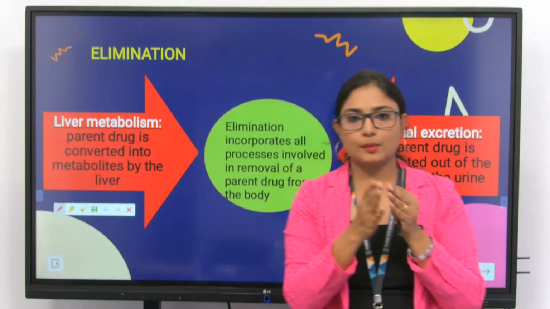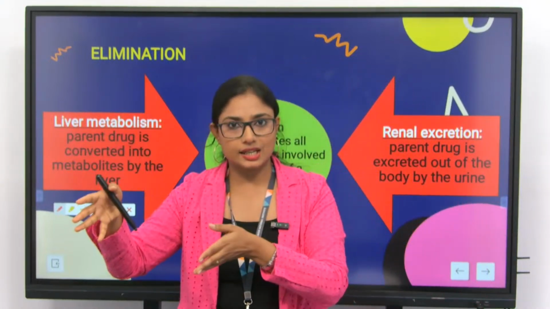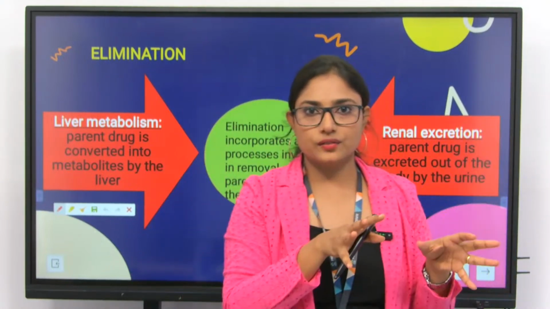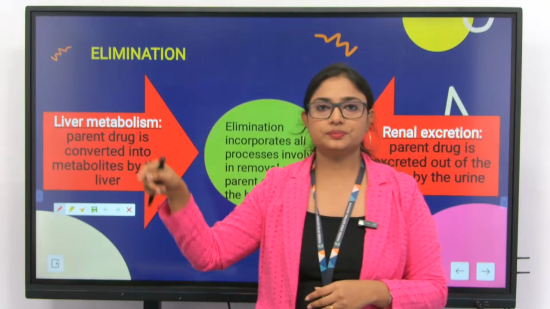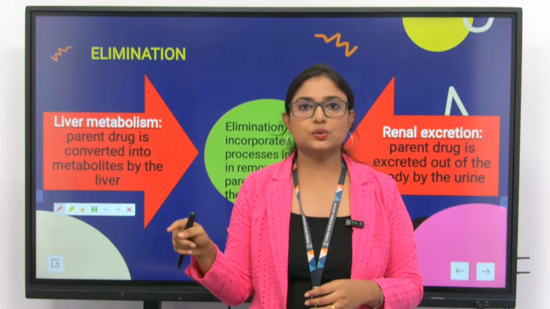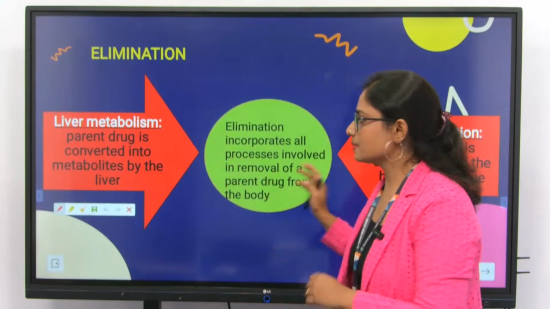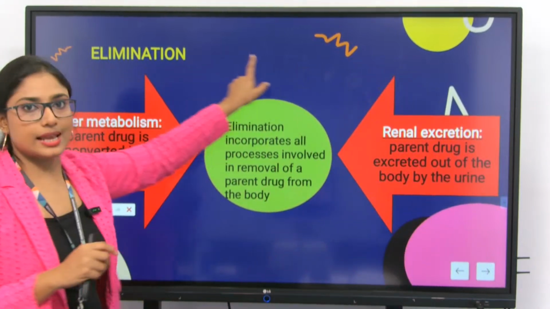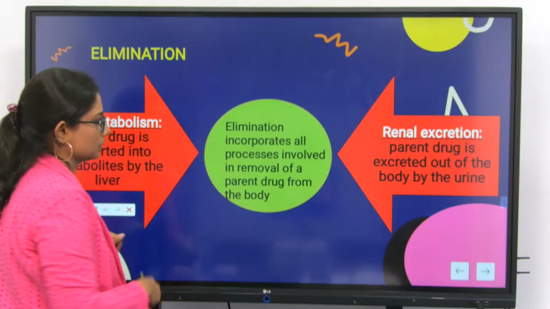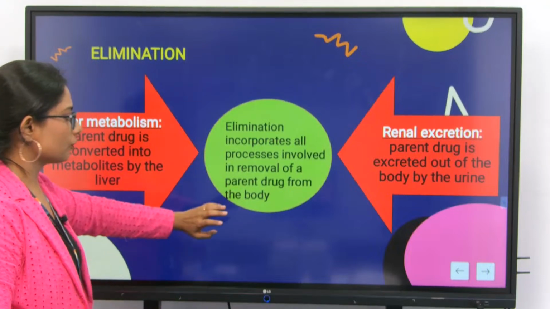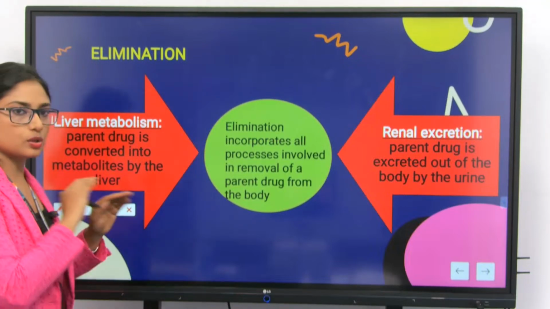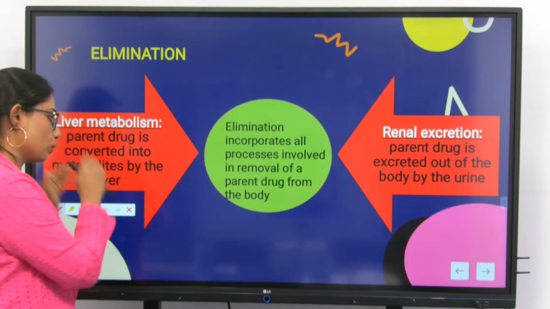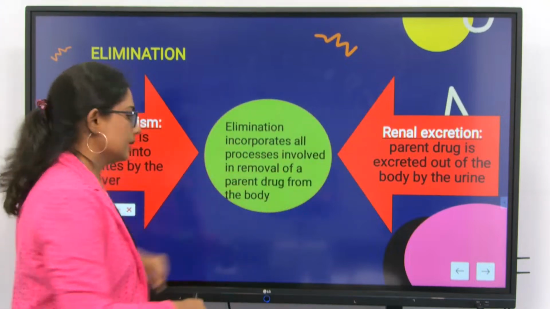After metabolism in the liver, it is excreted through the kidney. So both metabolism and renal excretion come under the elimination process. Elimination includes all processes involved in the removal of the parent drug from the body, both metabolism as well as excretion.